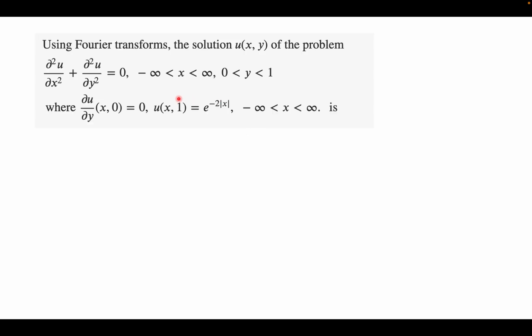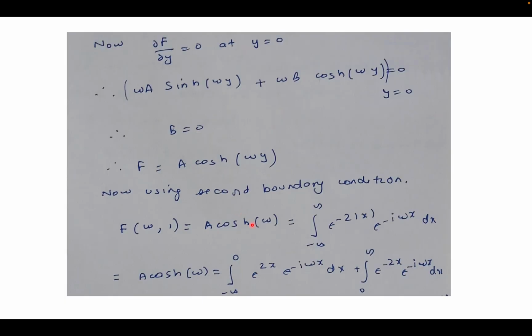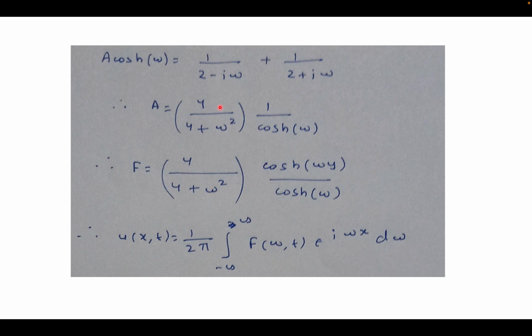Then you use the other boundary condition by taking the Fourier transform on both sides, and from there you get the value of a. So the value of a is this, and then it's really easy to back calculate the function u(x, t) in terms of the following integral.